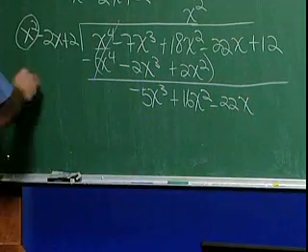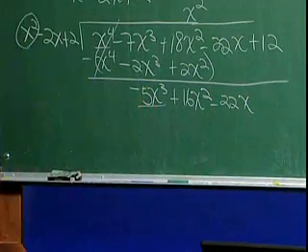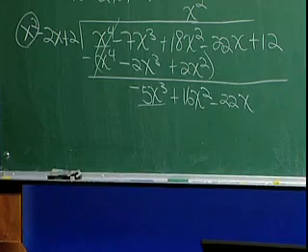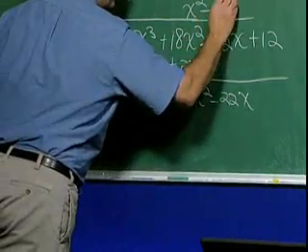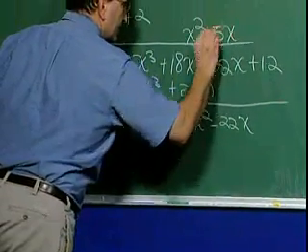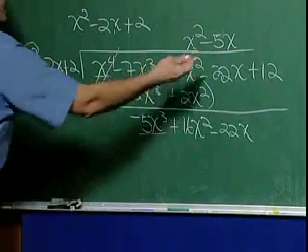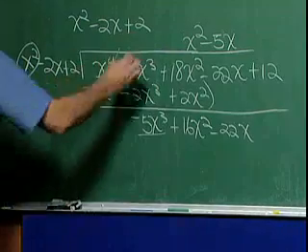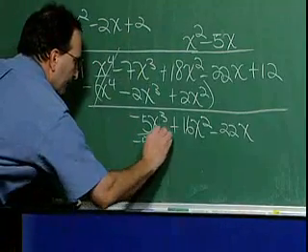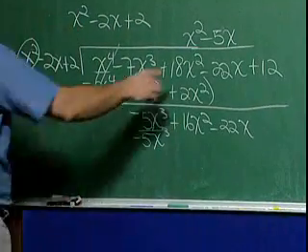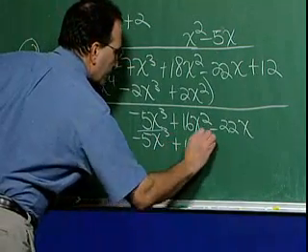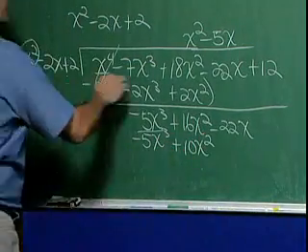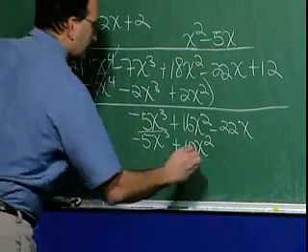And now we look at taking x squared into negative 5x cubed. Negative 5x cubed divided by x squared leaves us with negative 5x. So we have negative 5x cubed, then negative 5x times negative 2x is a positive 10x squared, and then 2 times negative 5x is a negative 10x.